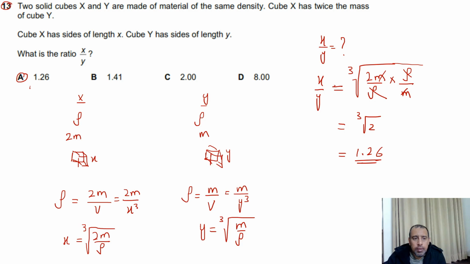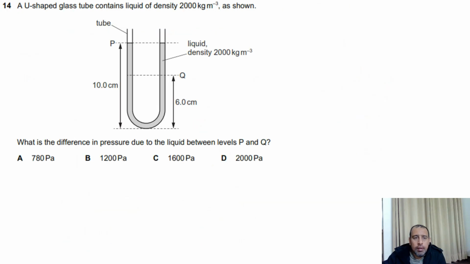For question number 14. Now, what is the difference in the pressure due to liquid between P and Q? So if we have some pressure at this point P, we have the same pressure at this point as well. So the pressures are the same. So if we find the pressure difference from this to this point, that will be our answer. It means the pressure because of this height is required. So this height is in fact 4 centimeter.